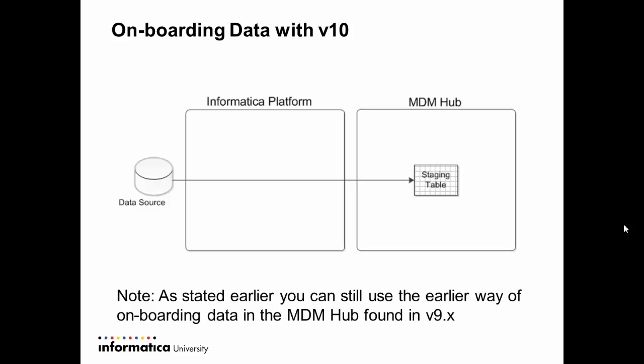So, if we were to look at a picture of onboarding data with version 10, notice this picture differs from the earlier one. Here, I have a data source, and instead of going directly to the MDM hub, as in the prior diagram, I make a stop at something called the Informatica platform. We're going to see what's inside of there, what's inside of the platform. Okay?